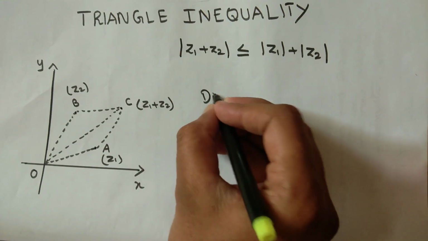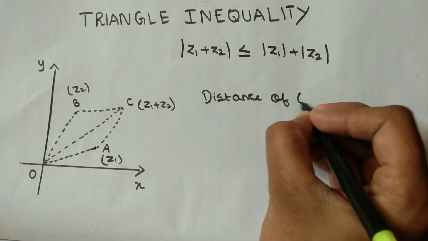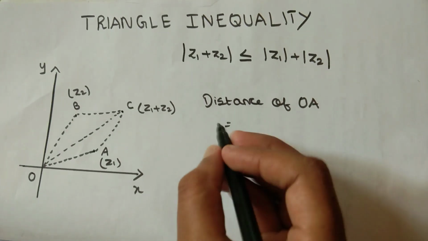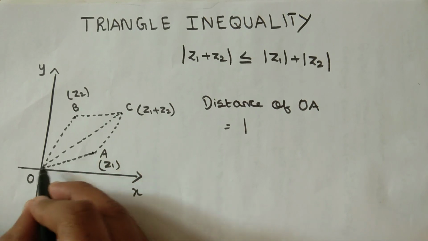So distance of OA is nothing but modulus of final point minus initial point.